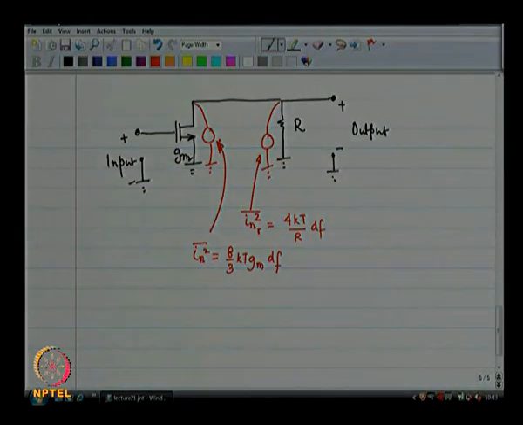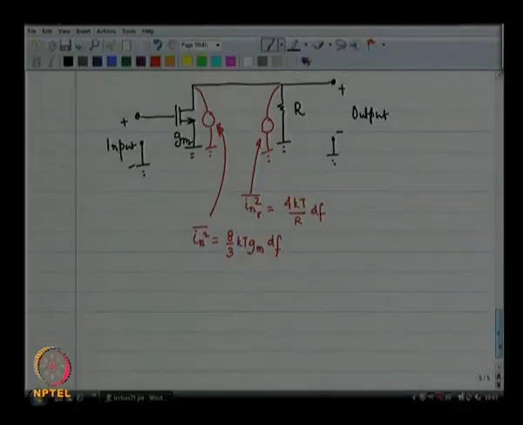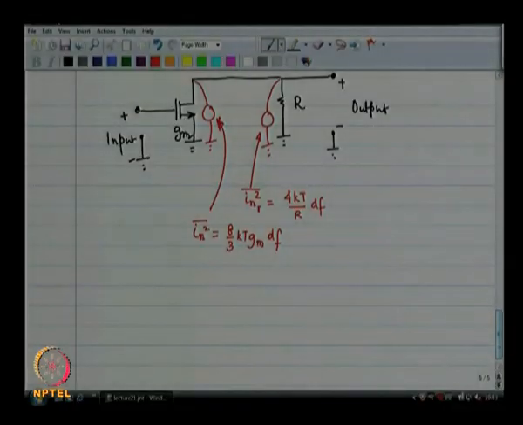Let us forget about the gate noise for now, that is the noise because of the gate resistance. Let us forget about it. So, let us say this is it.